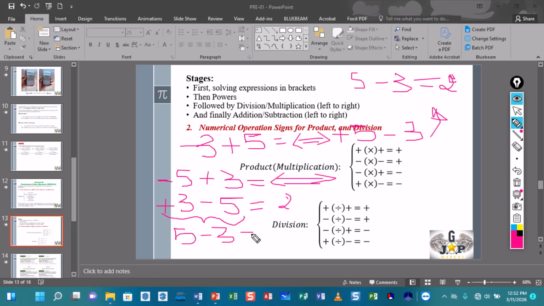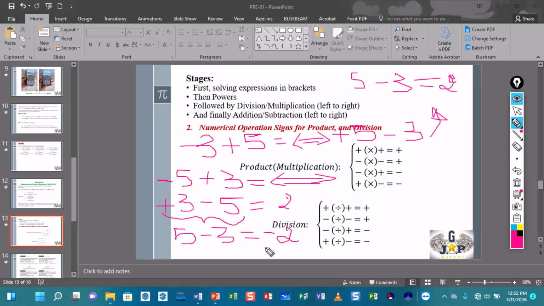Then I'll say equal to 2. I'll write 2 here. Then I'll check the sign. The sign belongs to the bigger number, so I'll put the sign. That's all. This is how I used to solve it in the most beginner way.